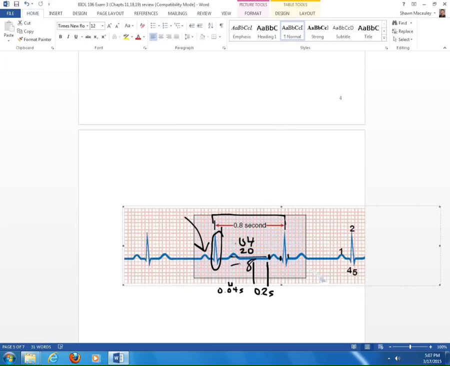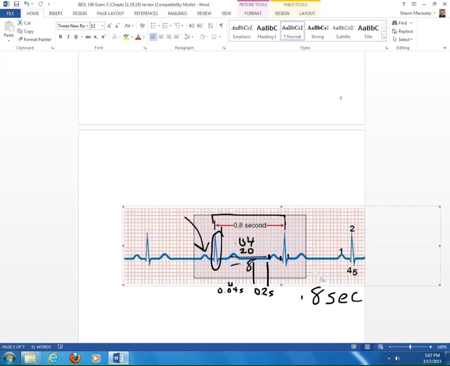Now, a rate, if you have a cardiac cycle that lasts 0.8 seconds, what is that person's heart rate? 75. We know that, hopefully, but also to calculate it, what would you do? You won't have a calculator. Calculators are the worst thing in the world for this kind of stuff, right?